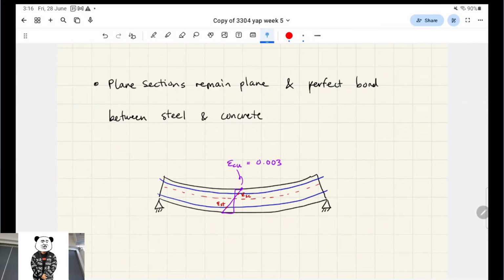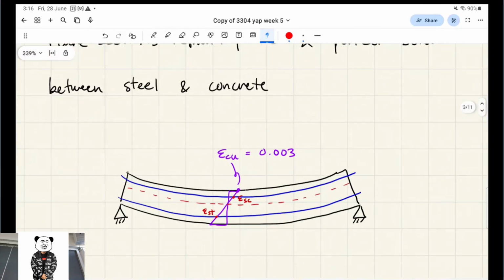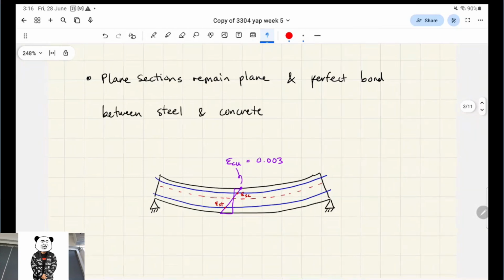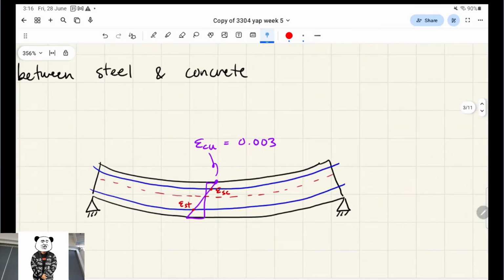What that means is as the beam is sagging or deforming, the steel and the concrete will move at the same rate, the same strain rate, essentially, right? So that's the idea that plane sections remain plane. If we take any cut along this section, it's just going to be a straight cut. There's no diagonal cuts that you ever take using engineer's beam theory, right?